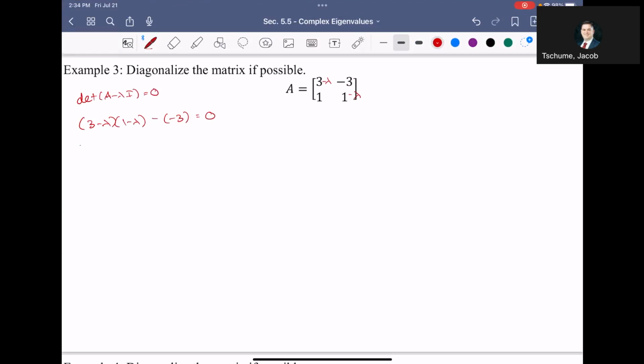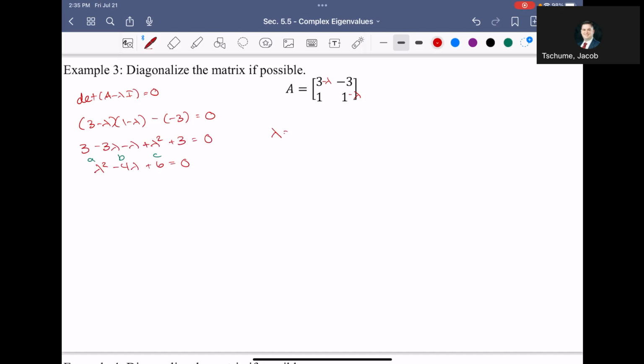Working this out, you should get 3 minus 3 lambda minus lambda plus lambda squared plus 3 is 0, which becomes lambda squared minus 4 lambda plus 6 is 0. Let's do the quadratic formula again. We're going to let A be 1, B is going to be -4, and C is going to be 6.